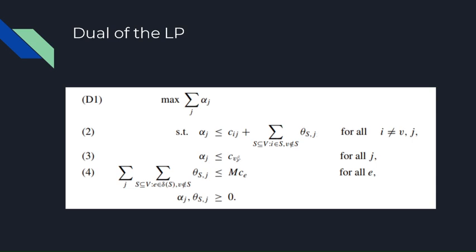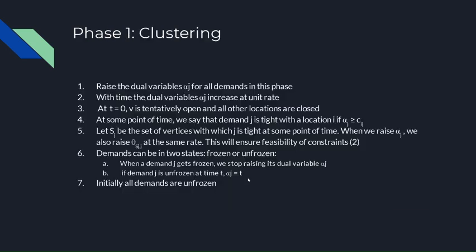In case of the root vertex, this particular second cost will not come because v is the vertex itself, so we only have to pay the cost for connecting it to v. And the final constraint ensures that the cost we are paying to connect it to vertex v is less than or equal to the cost of the edge that is used, scaled by M.